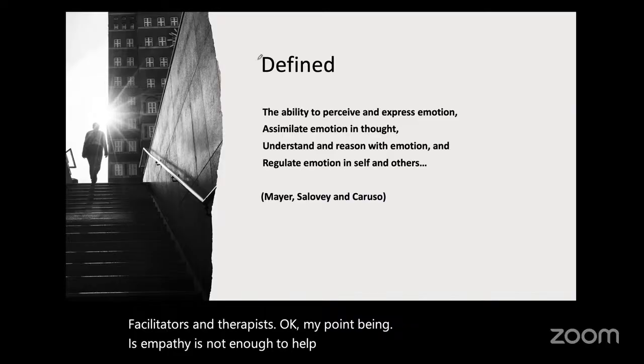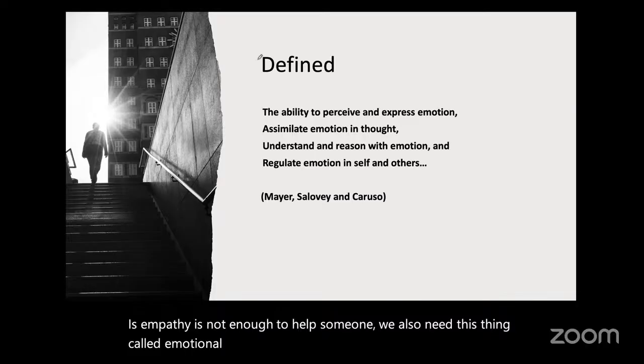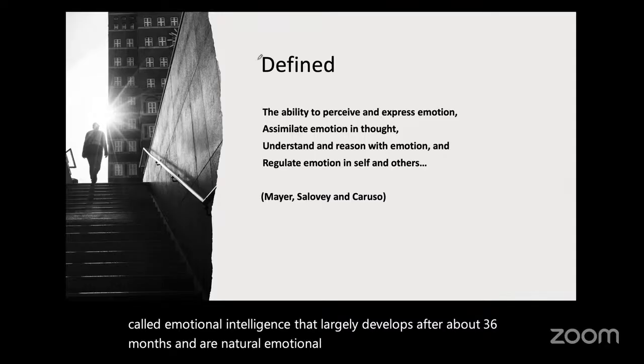We also need this thing called emotional intelligence that largely develops after about 36 months, and our natural emotional intelligence develops up until around the age of 6 or 7.